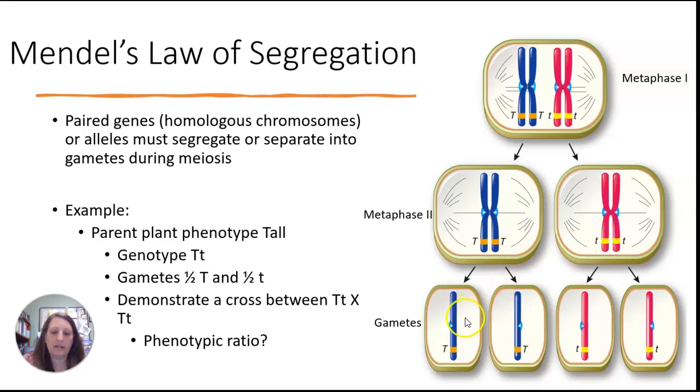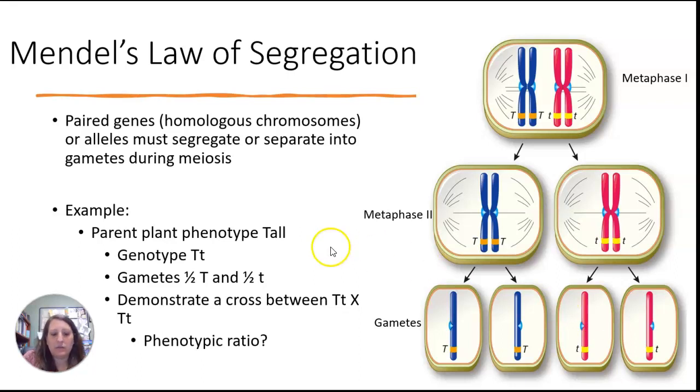Each of these gametes has the big T allele. This cell splits into 2. Each of these gametes has the little t allele. So there are 4 gametes formed, but you'll notice that these first 2 gametes are the same, and these second 2 gametes are the same. So we say that half of the gametes will have the big T allele, and the other half of the gametes will have the little t allele.